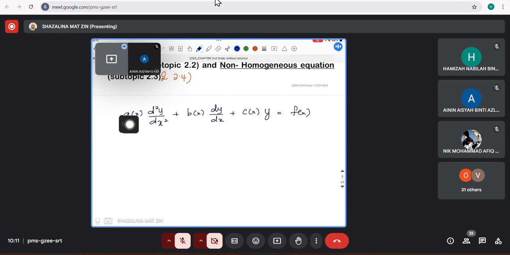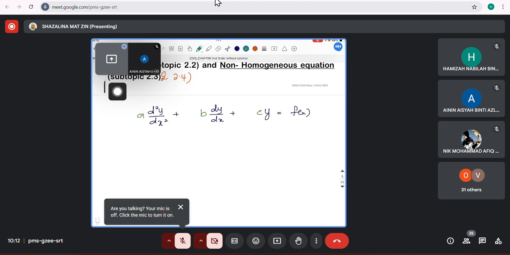Okay, so dah tak ada dah a(x), b(x), c(x). Means we do not consider a function of x for A, B and C. So, I rewrite A, B and C. Okay, this is the type of second order ODE that we are going to solve.